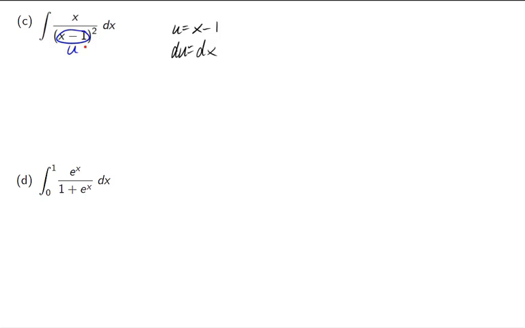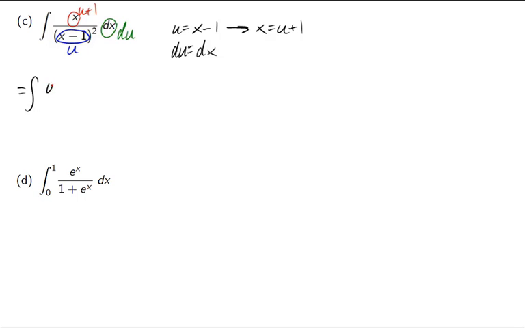u. I'm going to have a u squared in the denominator, but I still got that extra x floating around. But I'm really going to need to change this to x equals u plus 1 to get a little bit more information. So this x becomes u plus 1, dx is just du, and now we can make our full substitution.